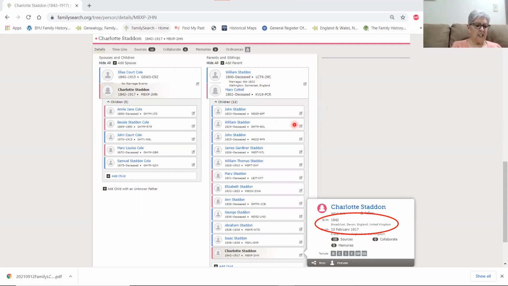There are some other things that concern me. Most of the children just have one name, but there were 2 of them right here, James Gardner Stadton and William Thomas Stadton, that had a middle name as well. That's not serious, but also there were 12 children, which was not very unusual for that time period, but there are several that were born close together.